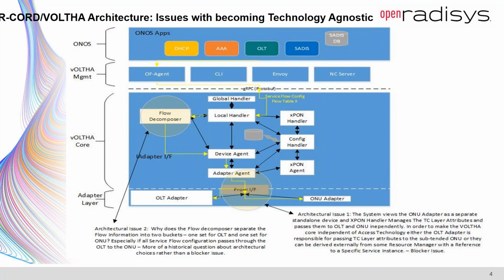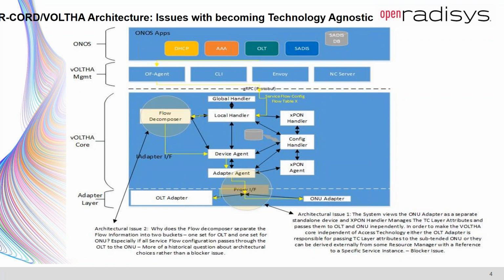The reason is, if the hardware dependency type of configuration got involved so deeply in the detail of the Volta core, then every time we introduce a new technology, the whole framework is going to get reinvented again and again and again, right?